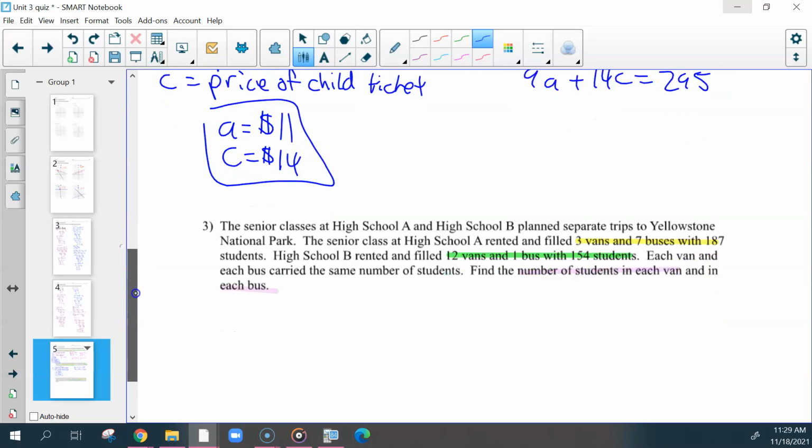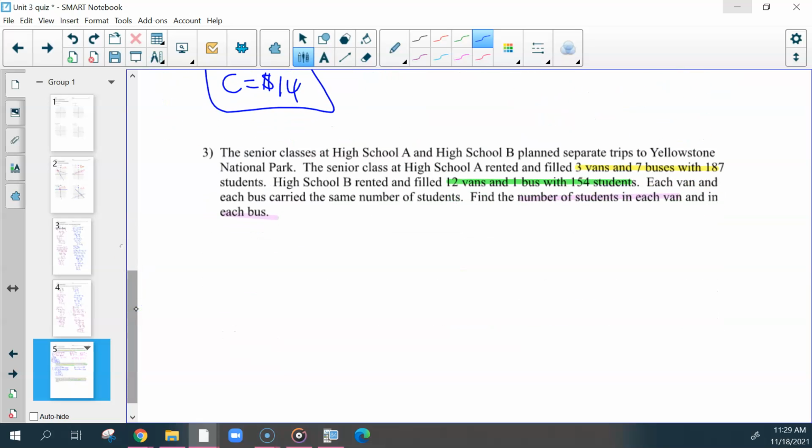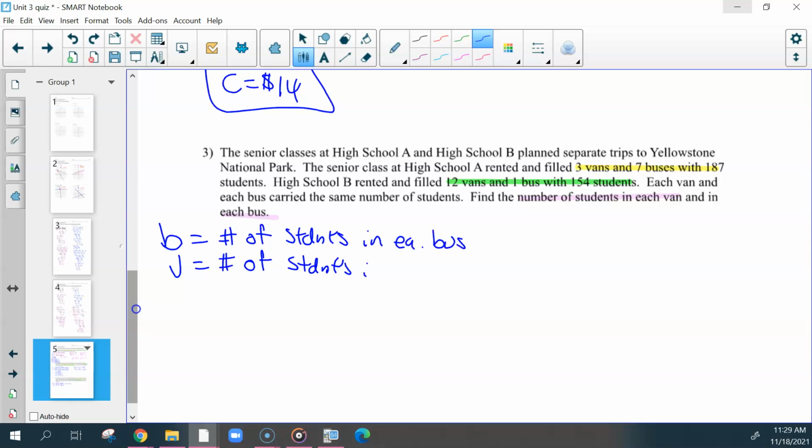This one is going to be set up very similarly. The two things we don't know are the number of students in each van and in each bus. So I can say B and V equal number of students in each bus and in each van.